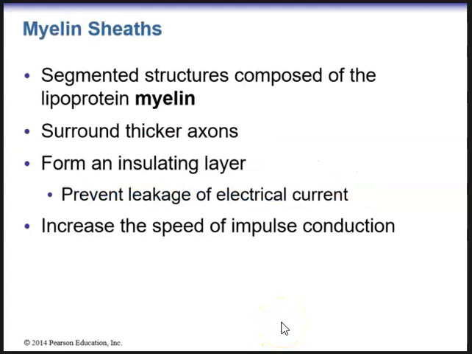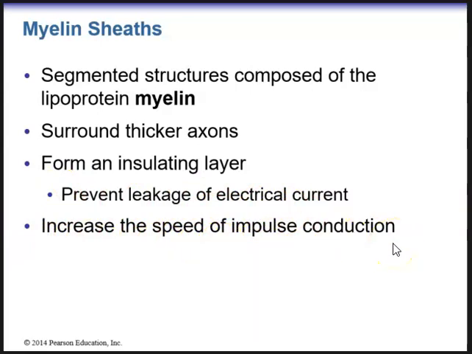So myelin sheaths are segmented structures composed of the lipoprotein myelin, surrounding the thicker axons, again forming that insulating layer that prevents the leakage of an electrical current, and also helps increase the speed of impulse conduction.